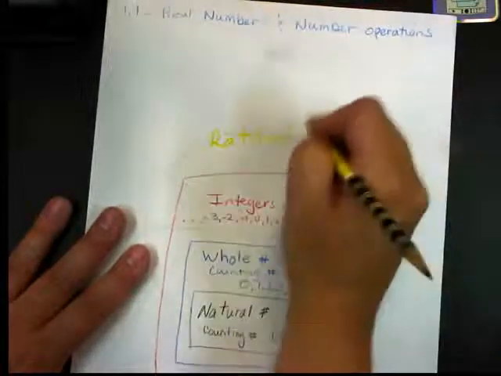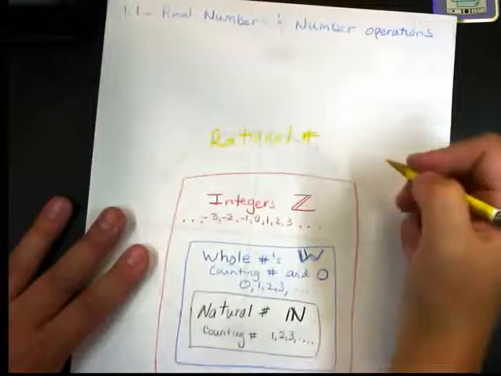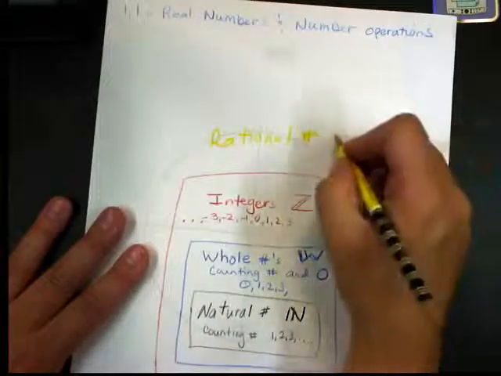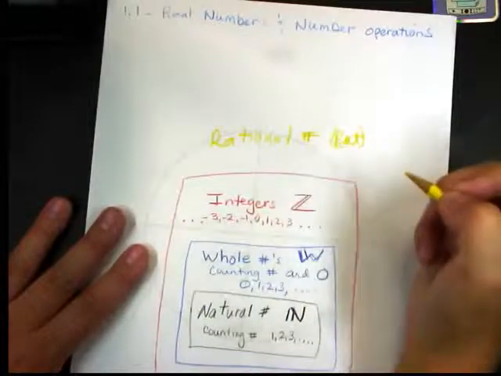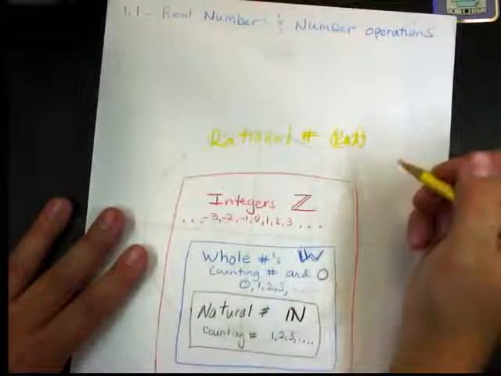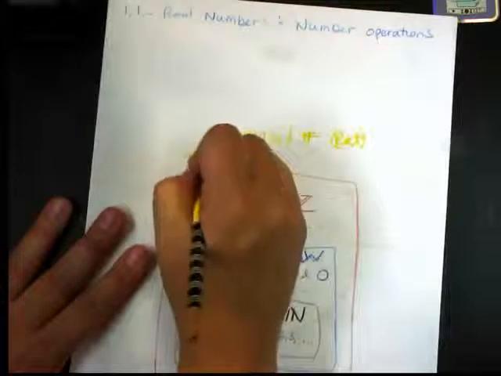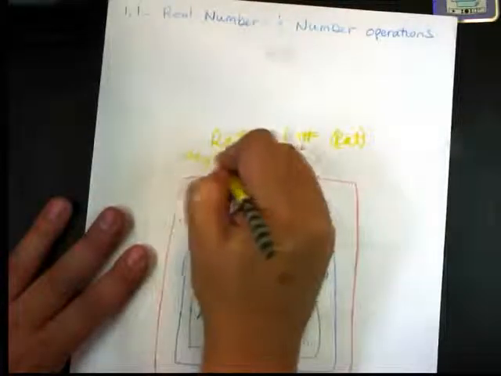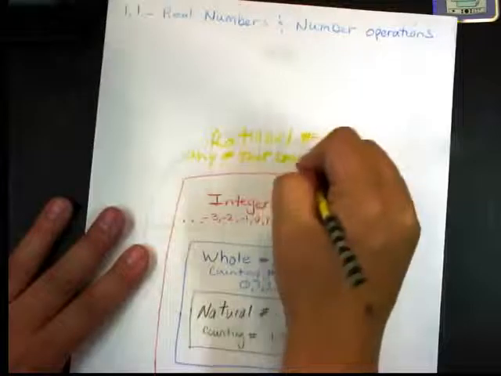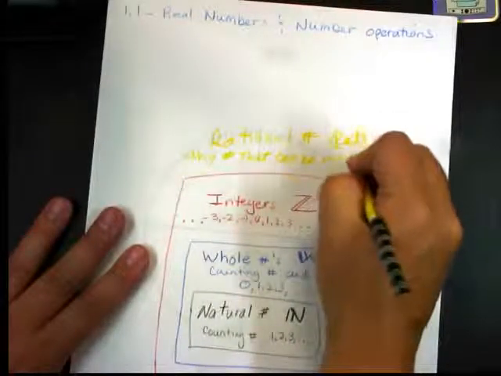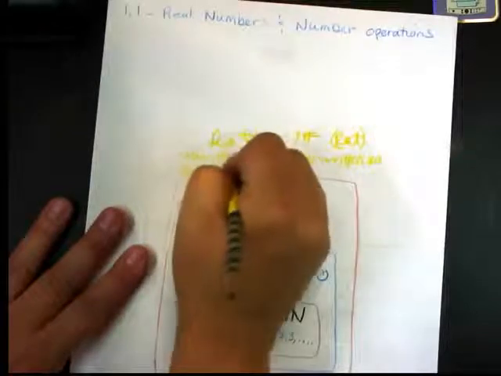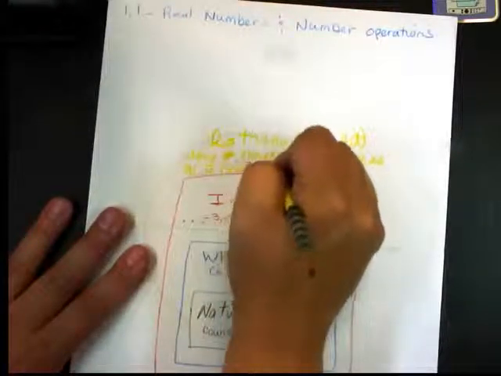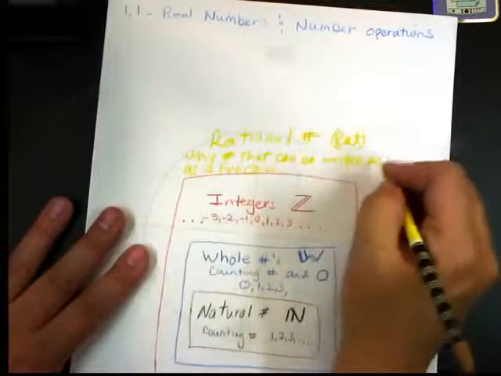The rational numbers, we don't have a symbol for it, so we just generally abbreviate them as R, A, T. The rational number is any number that can be written as a fraction of an integer over an integer.